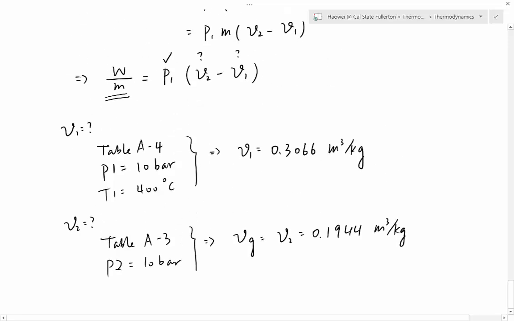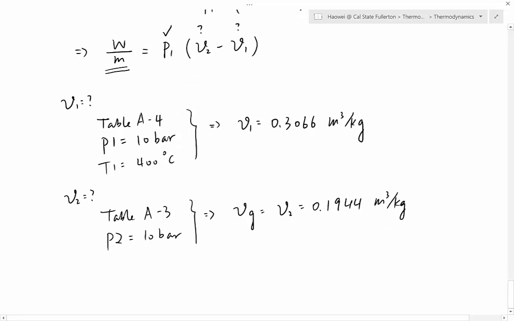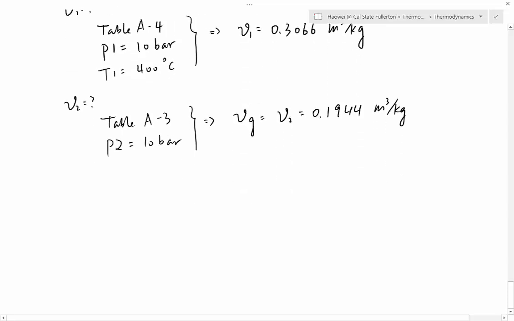So now I have everything in the right hand side. P1, 10 bar. Nu 1 just found. Nu 2 just found. I can easily find work per unit mass. We plug in those three numbers. P1 is 10 bar, right? Make sure you do not use bar.